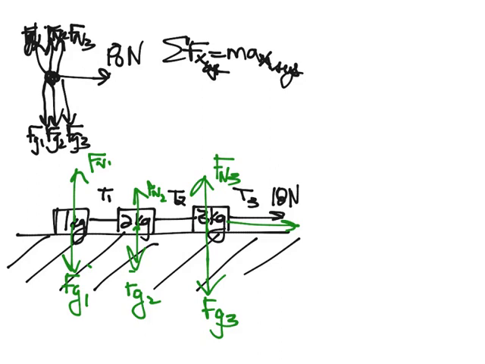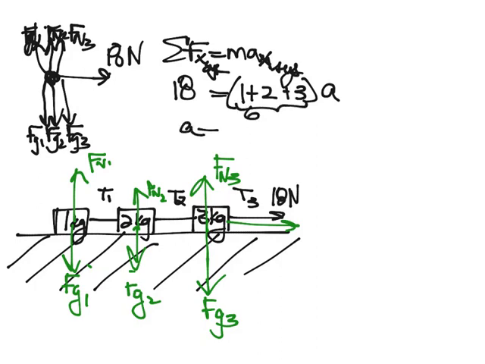We have right minus left, so that's 18 minus 0 is equal to the total mass, and our total mass is 1 plus 2 plus 3 times acceleration. Okay, 1 plus 2 plus 3 is 6, and so we can solve for A. A is equal to 3 meters per second squared.